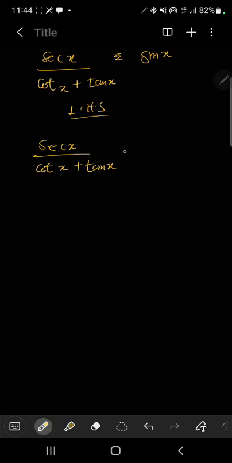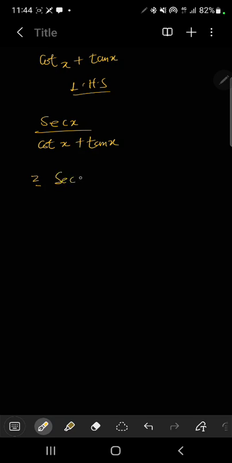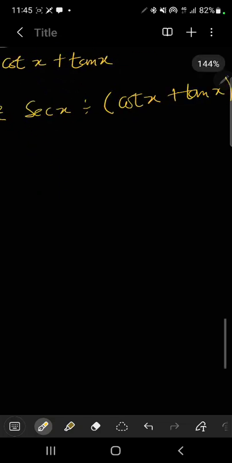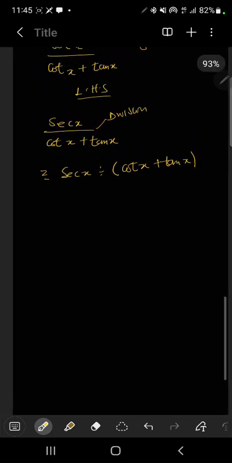This is the same as sec x divided by, because this symbol means division, cot of x plus tan of x.